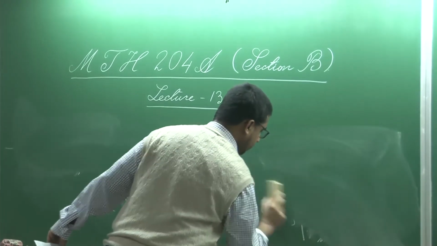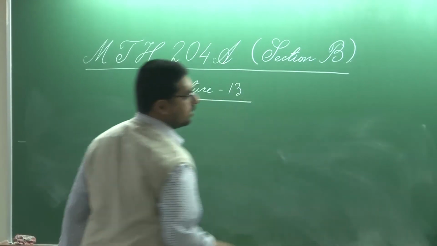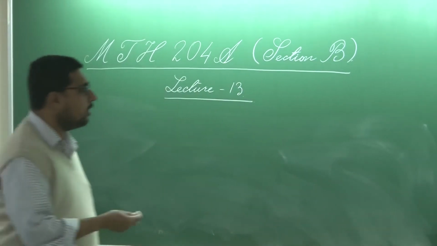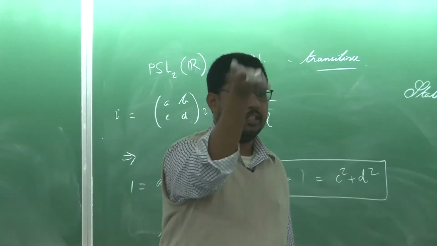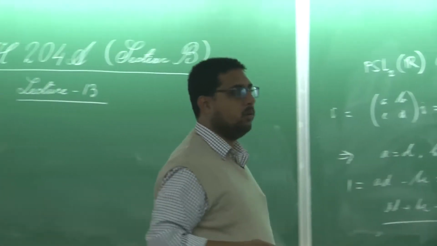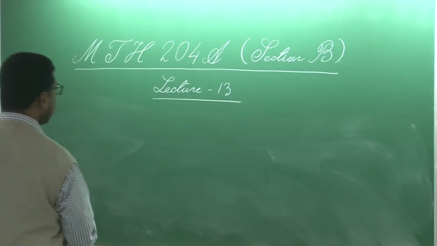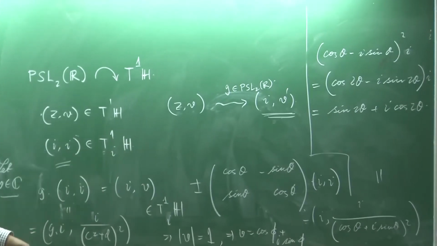Furthermore, once the action is transitive, we should look for the stabilizer, because then by the orbit-stabilizer theorem we see that the G-space is isomorphic to some quotient of G. So here, what is the stabilizer of this point (i, i)?